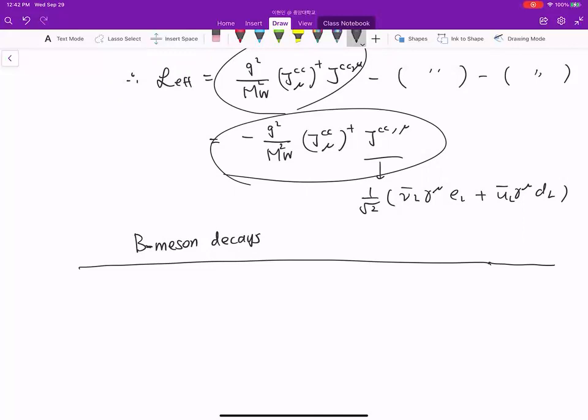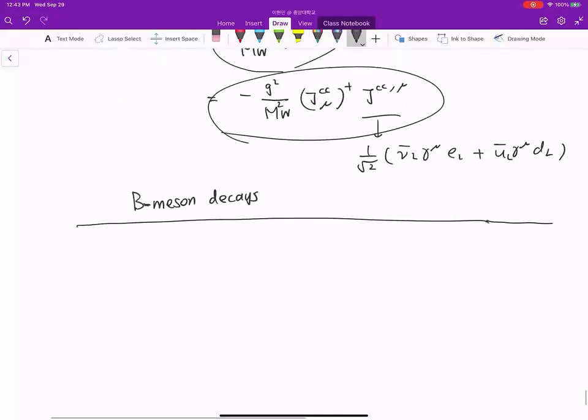So I think it's interesting. For instance, when people didn't know about the existence of the strange quark or charm quark, they knew this structure from the muon decay, and we knew that up and down quarks exist in the proton or neutron.